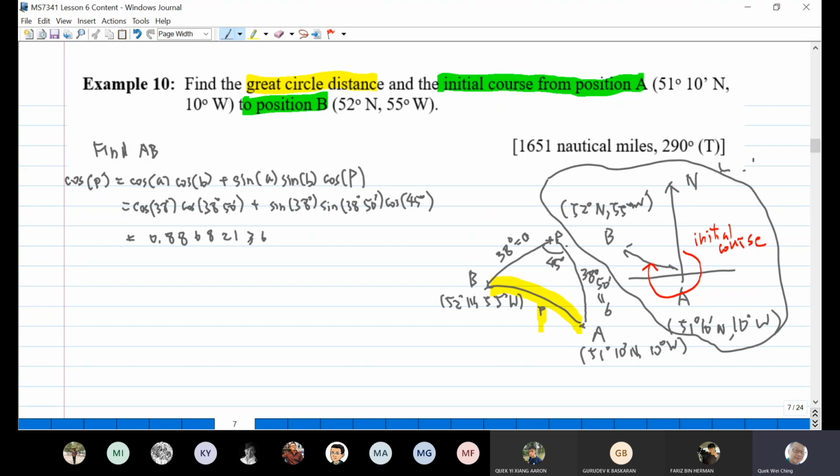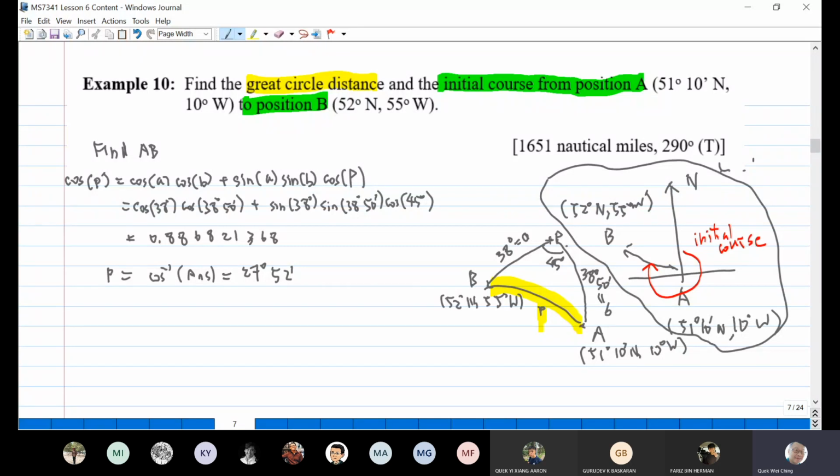0.886821368. You don't need to write down so many decimal places. But then you can find out what P is now. The side P is equal to cosine inverse of this number, which is 27 degrees 52 minutes.